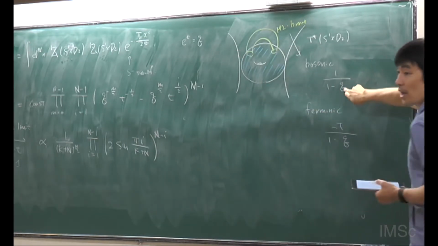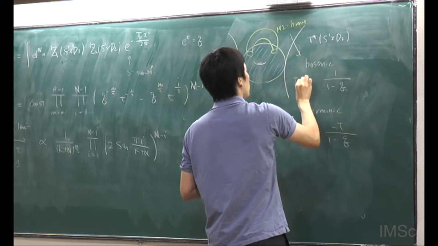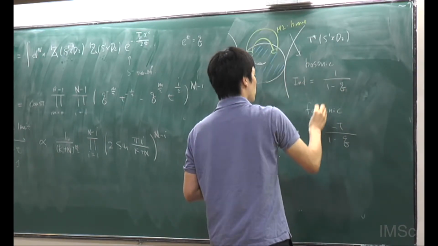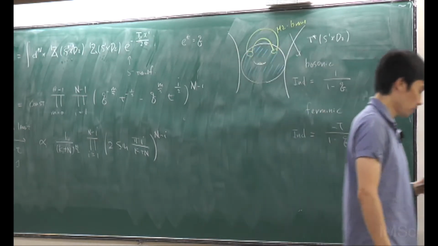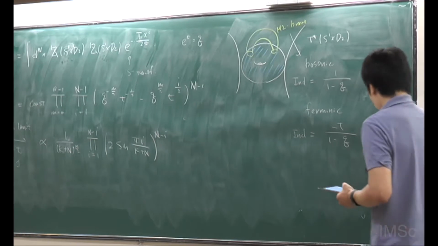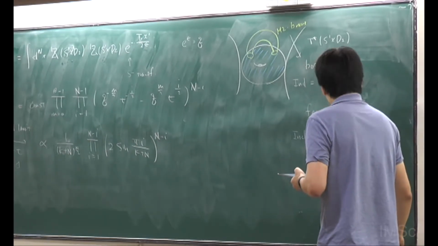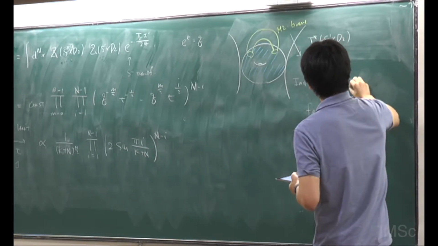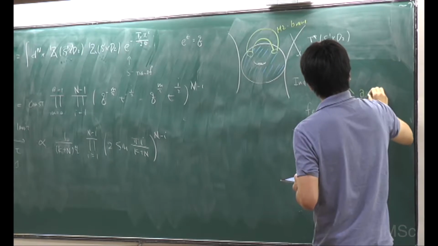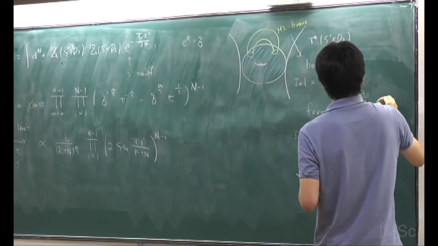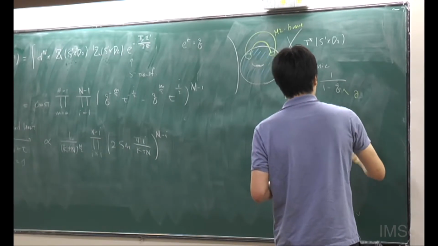The denominator is the index of the bosonic; the single particle index of the fermionic is minus t. The denominator comes from the derivative with respect to this q plane.